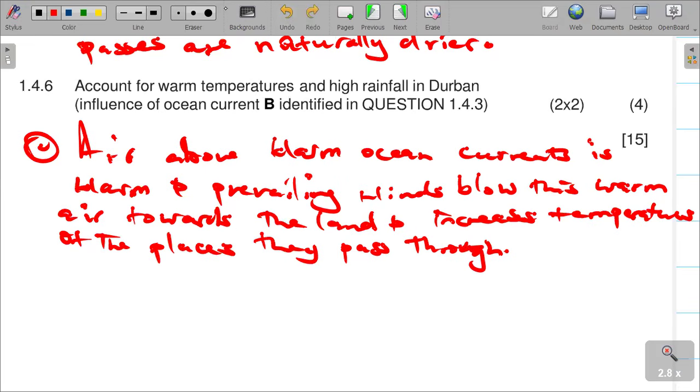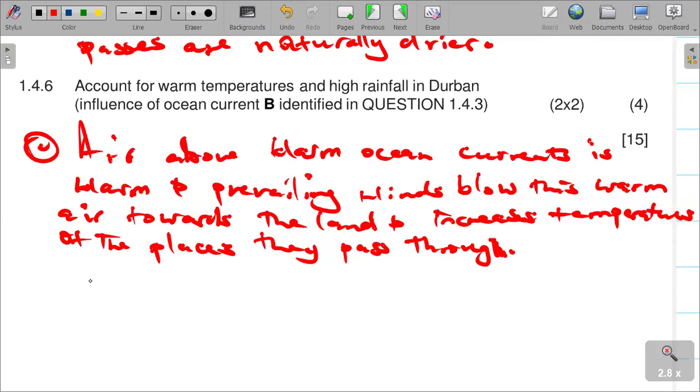So as they move through those places, they tend to increase the temperatures thereof. So that is one reason that is causing this situation.